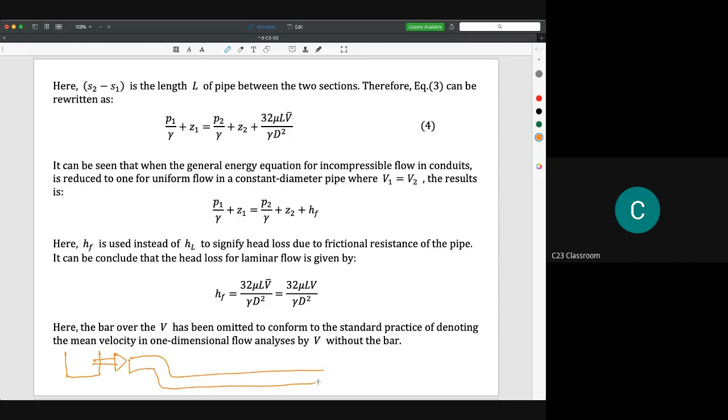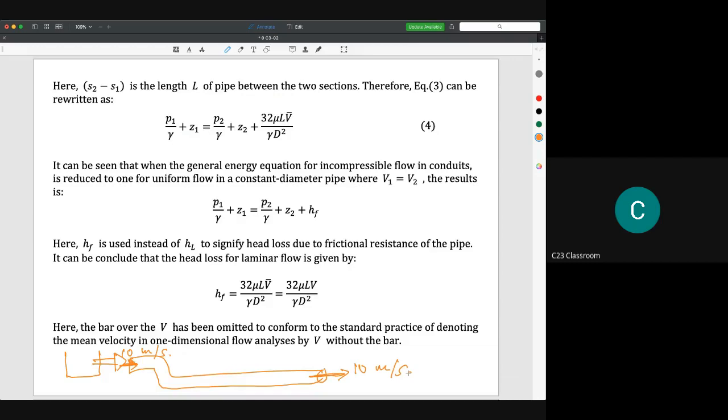If the velocity inside here is 10 meters per second, the velocity that comes out here is actually not 10 meters per second, because the flow is weakened, reduced. The energy from the fluid needs to overcome the resistance caused by the shear stress.